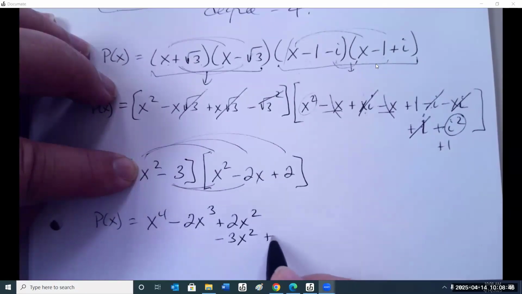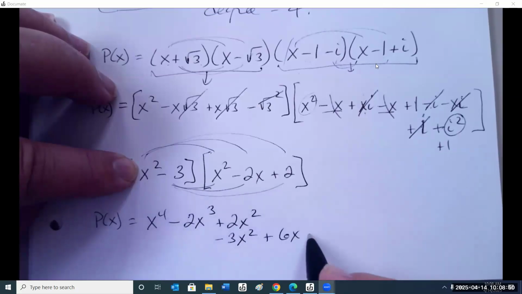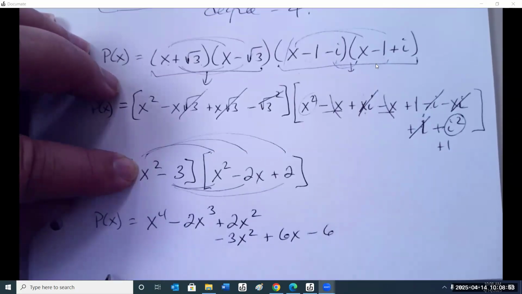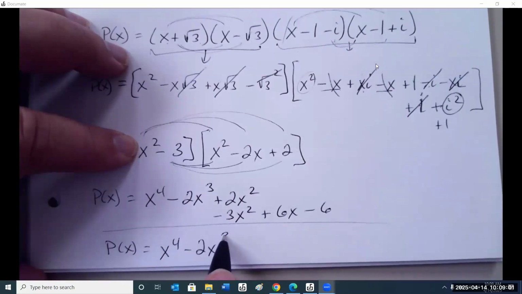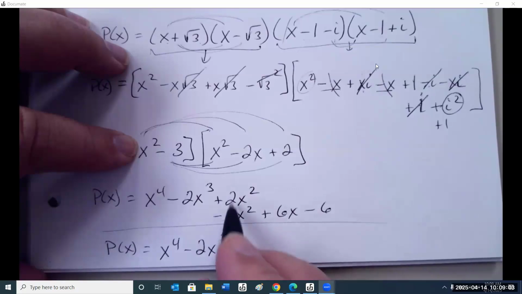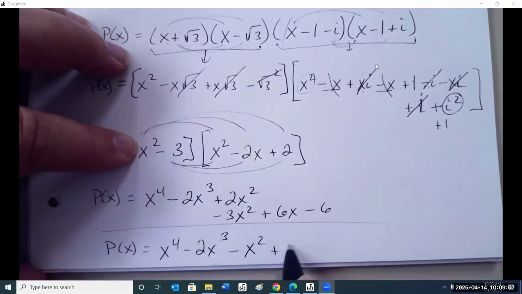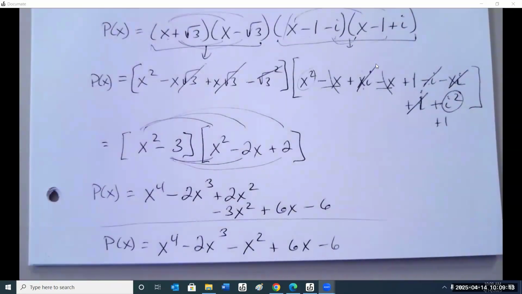Negative times negative is a positive 6x. Negative times positive, negative 6. So our polynomial then becomes x to the 4th minus 2x cubed. 3 minus 2 is 1, so it's negative x squared plus 6x minus 6. And there's our answer.